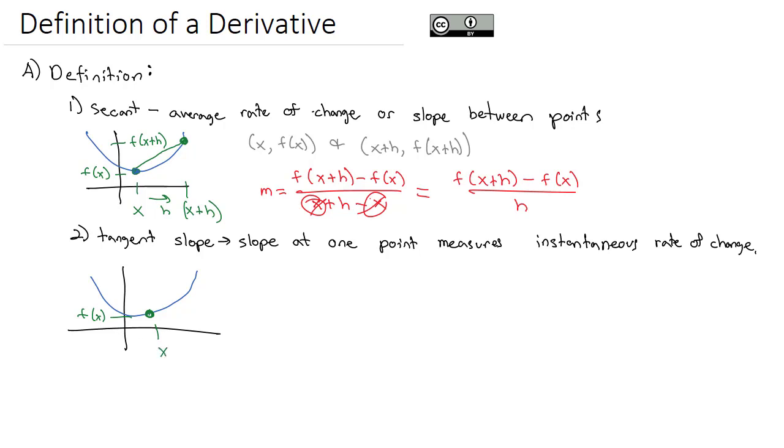And we want the line that's going to be tangent to that point. In other words, it's just going to kiss the curve at that point right there, barely touching it. And the way we get that is we take that h and shrink it down to 0.